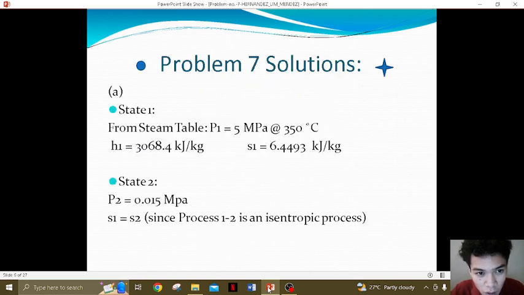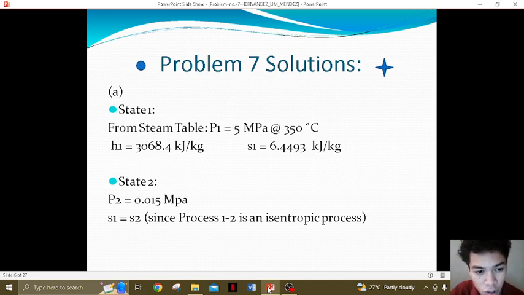First, in the state 1 solution, from the steam table, the pressure 1 is equal to 5 megapascal at 350 degrees Celsius. Your H1 there is 3068.4 kilojoule per kilogram, and your S1 is 6.4493 kilojoule per kilogram.